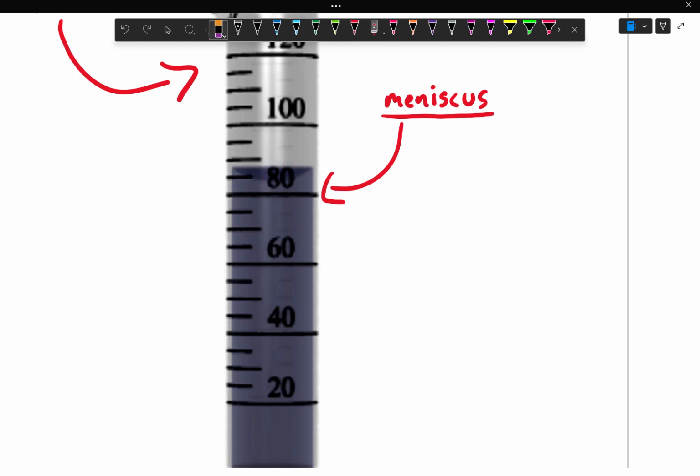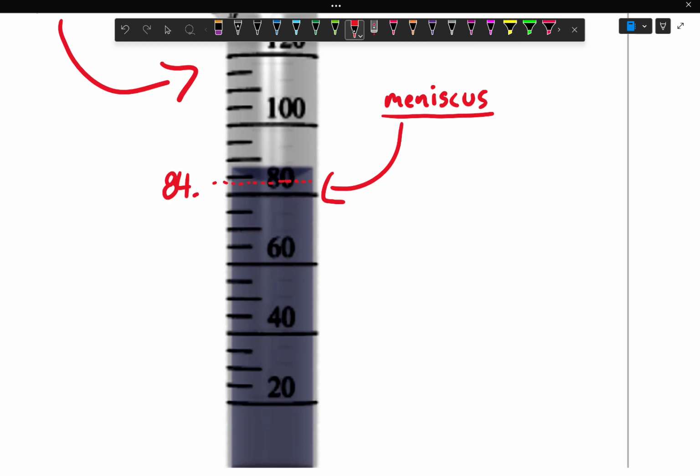That is the meniscus, and we always want to measure from the bottom of that meniscus, the bottom of that dip. So if I erase my markings here, we can see that the bottom of this dip comes out to around there. So if this mark here is 80 milliliters and this mark here is 85 milliliters, and we're coming just below the 85 mark, then our safest answer is going to be 84 milliliters.